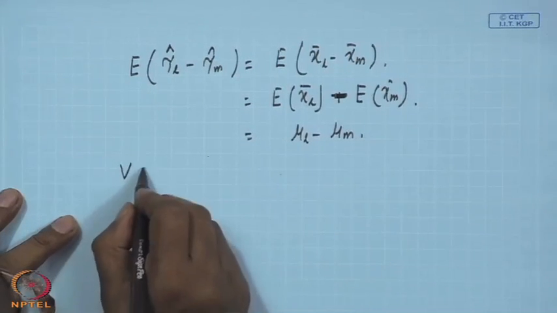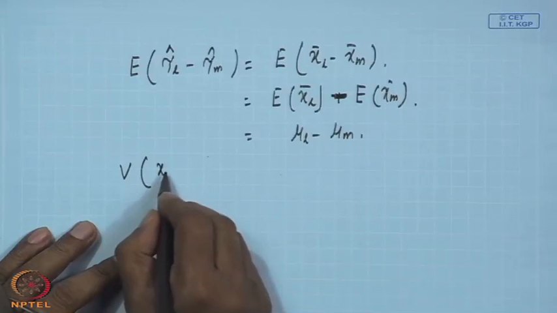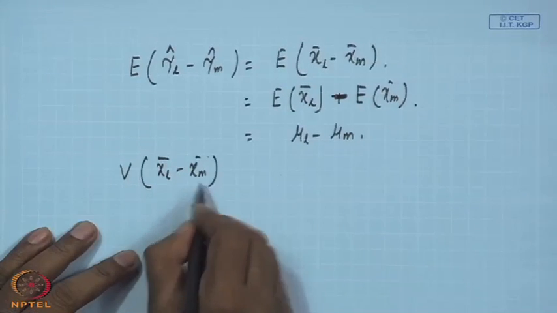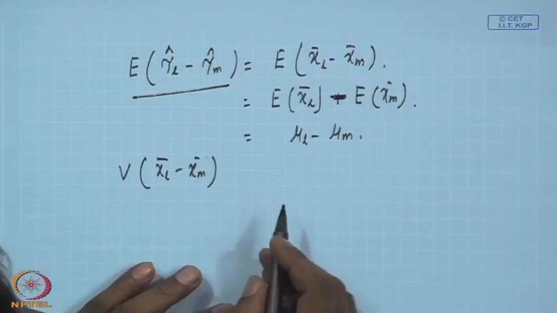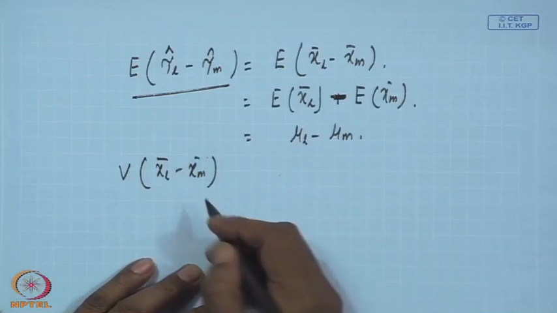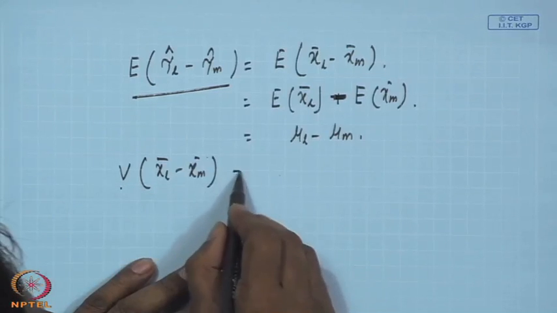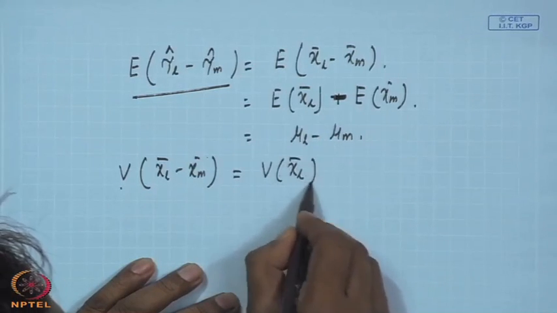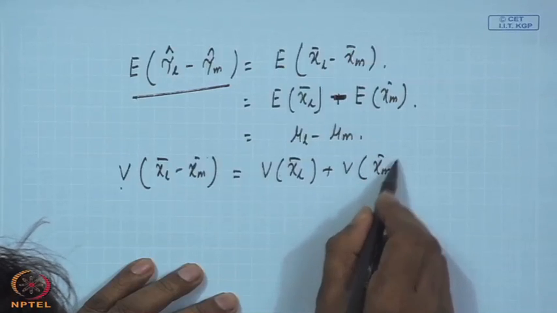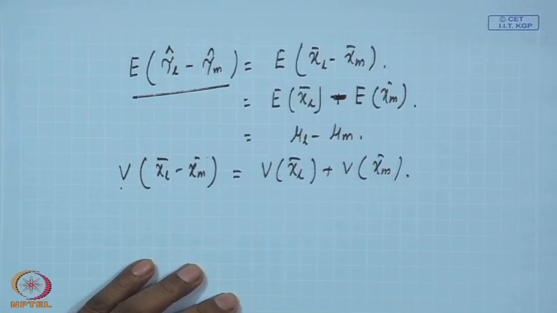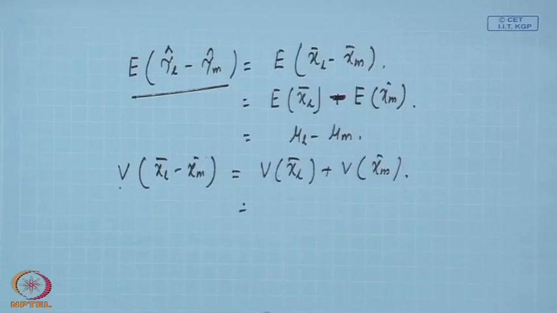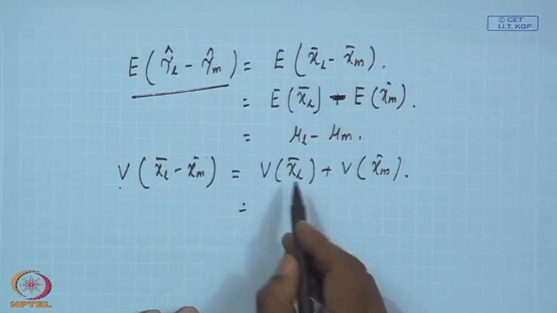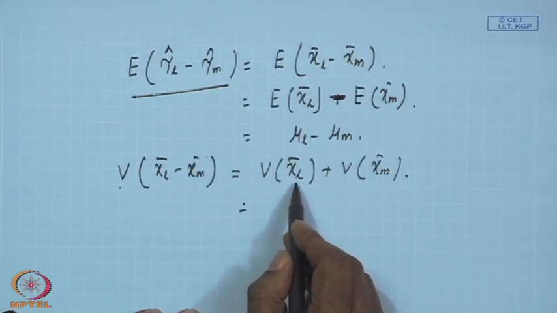Similarly, you require to compute the variance component of XL bar minus XM bar, which will be the variance of tau L cap minus tau M cap. Now, variance of this equals variance of XL bar plus variance of XM bar. You have seen this earlier. So, what is the variance of XL bar? XL bar is a vector quantity.